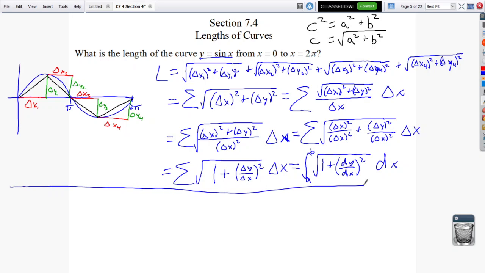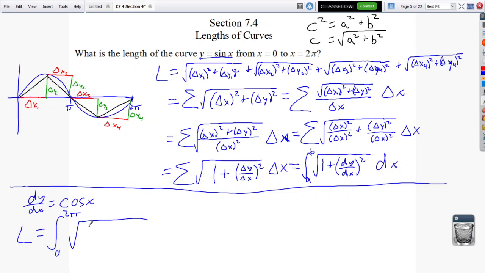So if I want to find the length of this curve, the first thing I do is find dy dx, and y was sine, so the derivative of sine is cosine of x. So the length of my curve is going to be the integral from the beginning to the end of the square root of 1 plus dy dx squared dx. So there's our expression for the length of the curve.